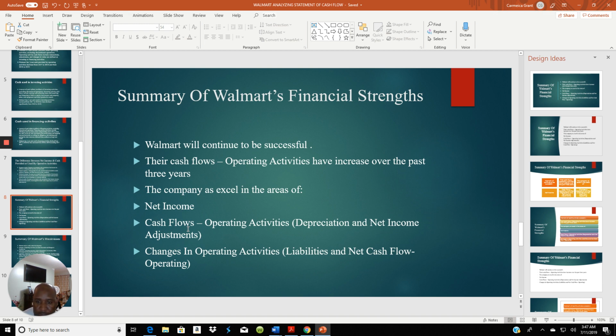The company has excelled in the areas of net income and cash flow from operating activity, where the two specific ones were depreciation and net income adjustments. Changes in operating activities, those two were liabilities and net cash flow from operating. That's where they had their strength.